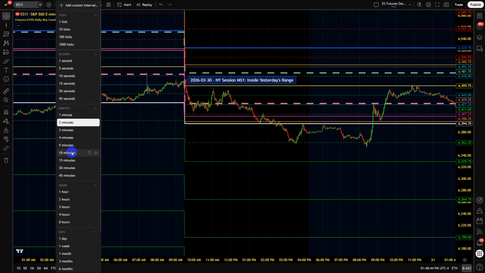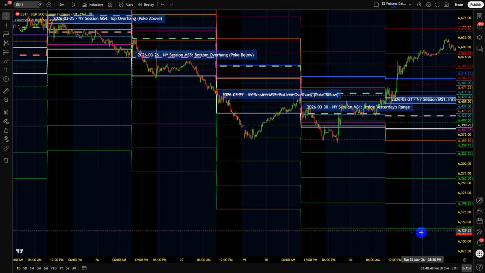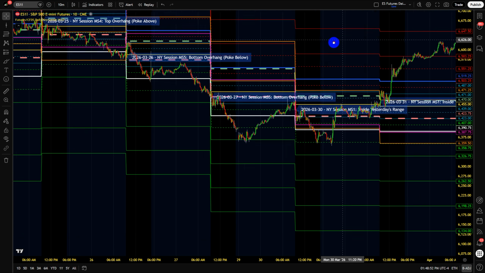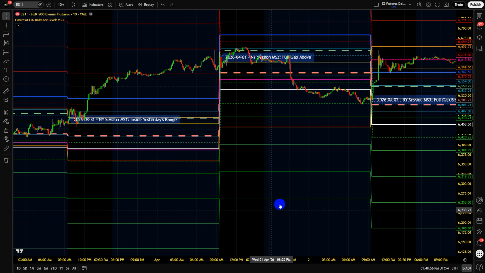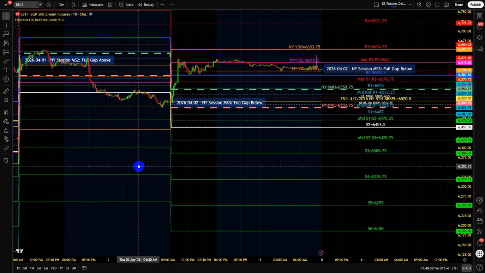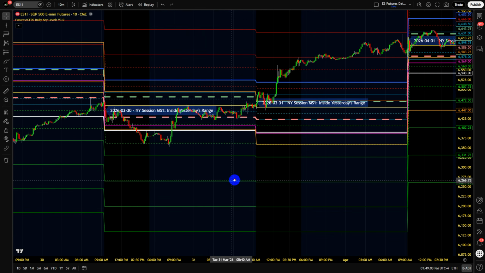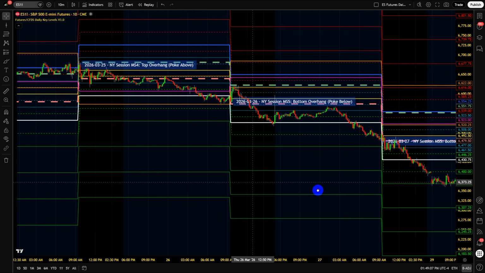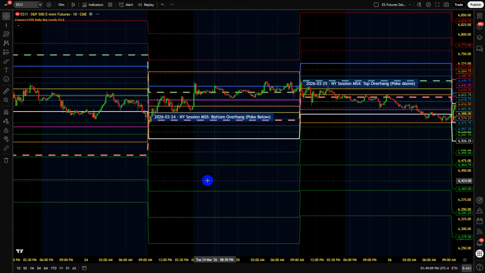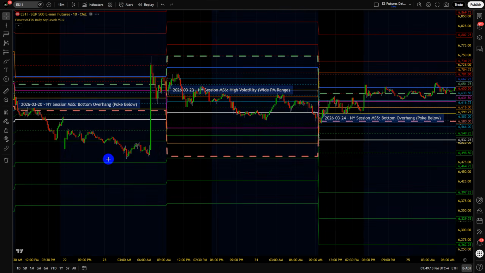Looking at something like a 10-minute, we'll get rid of this here. As you can see on a 10-minute chart, you can start to see more on one screen. Go to a 15-minute.